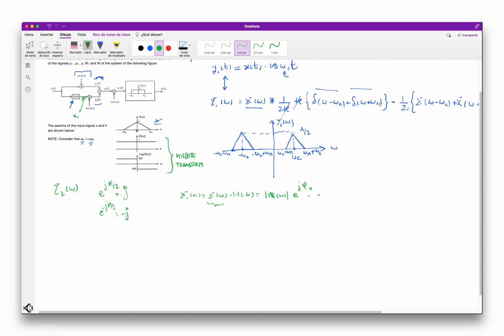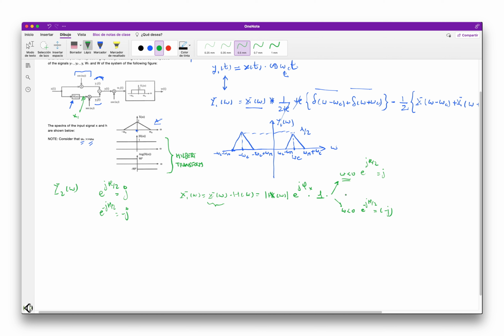H of omega has a modulus which is 1 and a phase that, for negative omega, is positive, this one. So what we do for negative omega is we multiply by j, and for positive omega it shifts 90 degrees negative, which is tantamount to multiplying by minus j.